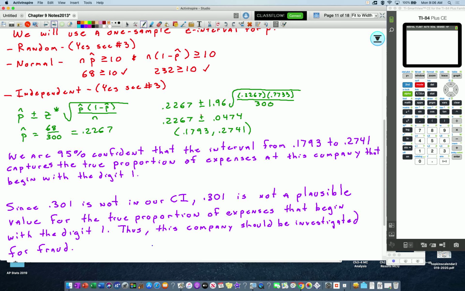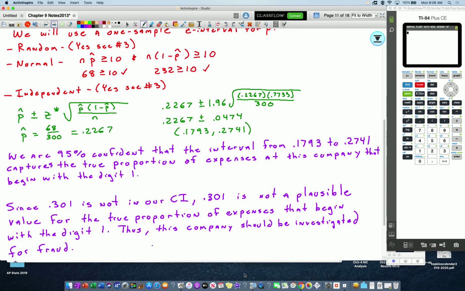All right, so here we go. We calculate it out. Here's our sample proportion plus or minus the margin of error, and subtract that, and we get our proportion. So we would expect, based off our sample, that the true proportion would lie somewhere in the interval from 0.1793 to 0.2741.